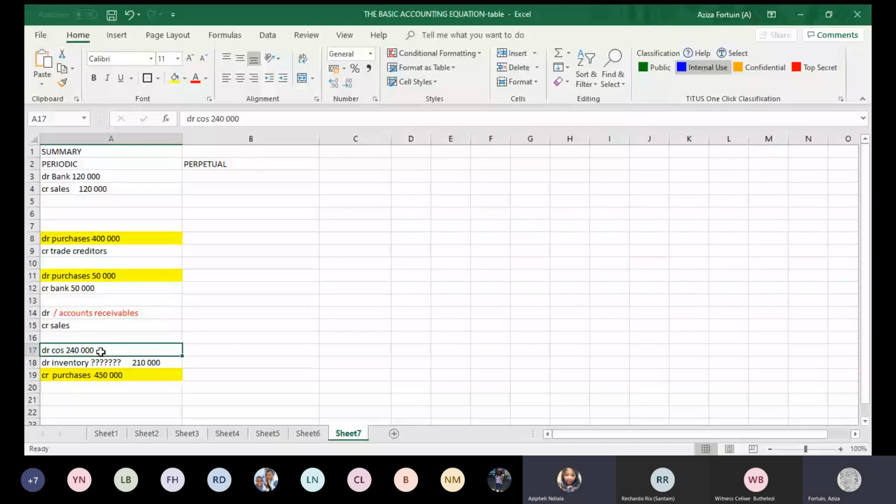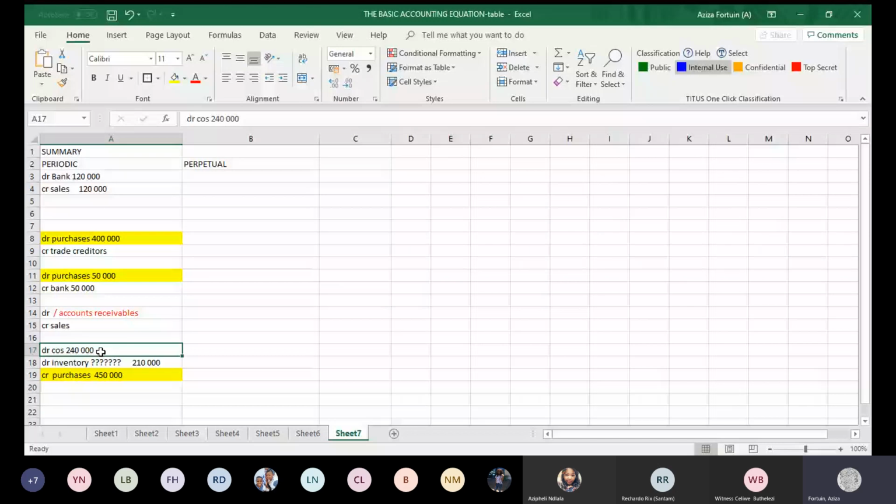The 240, why did we get the 240 the other day? The cost of sales. Anybody remember? Let me just see. Sold merchandise on account, by number 4.